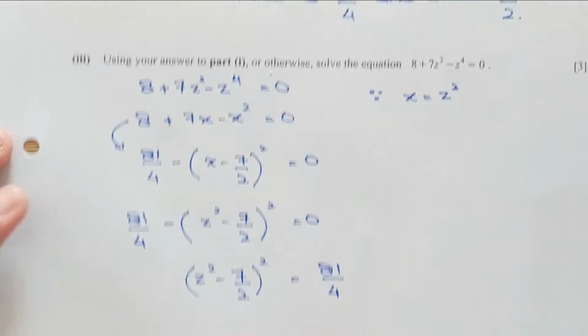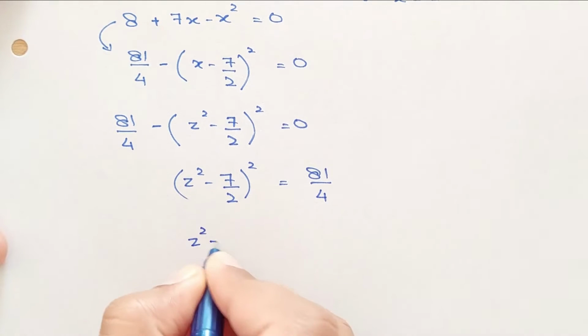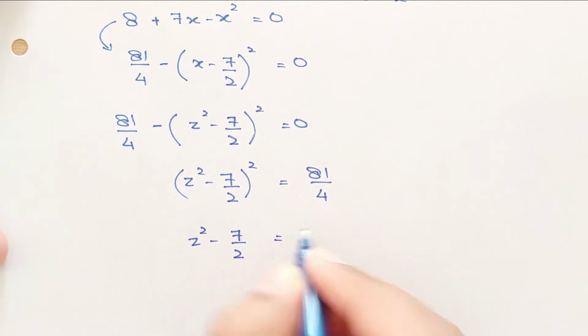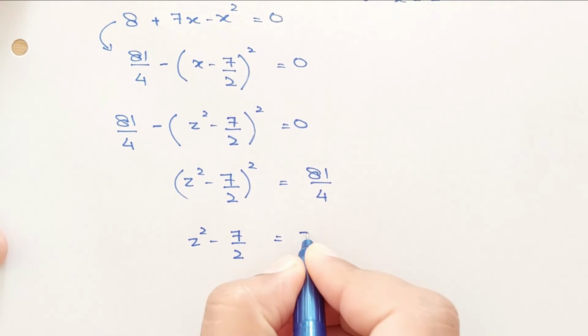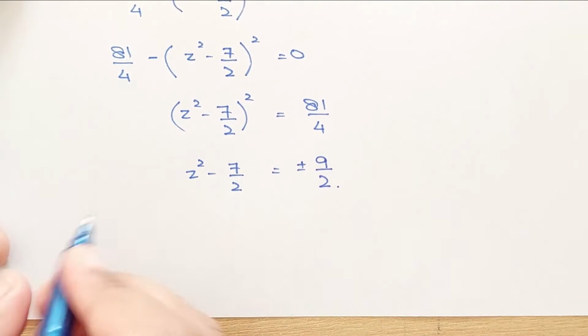Shift this to the other side. Okay, now taking the square root on both sides. So we have z squared minus 7 by 2, and the square root of 81 is 9, and the square root of 4 is 2. So this is plus minus 9 by 2. Right, now we have two values for z squared here.